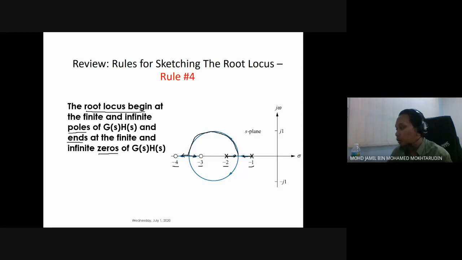The arrow indicates that it starts from poles and then goes to the zeros. You must wonder why you get a circle. I will explain this maybe later or next week. But now you need to understand that the root locus starts at the poles and ends at zeros. That's rule number 4.